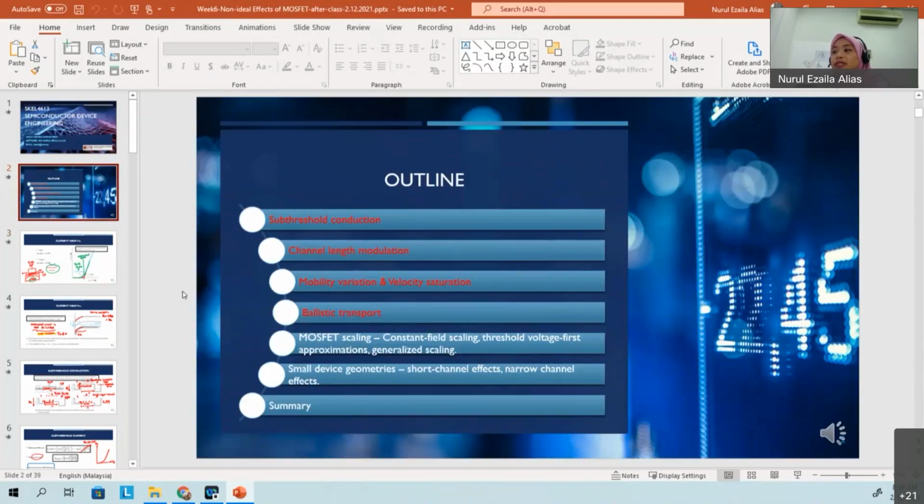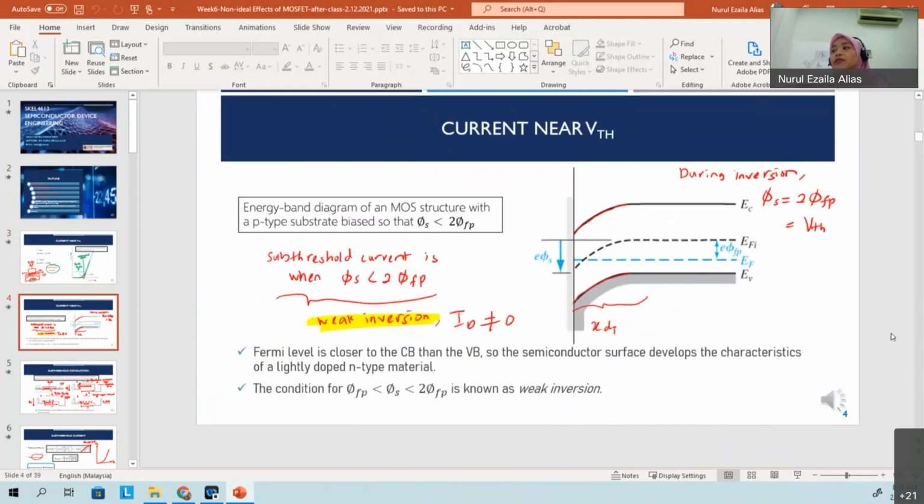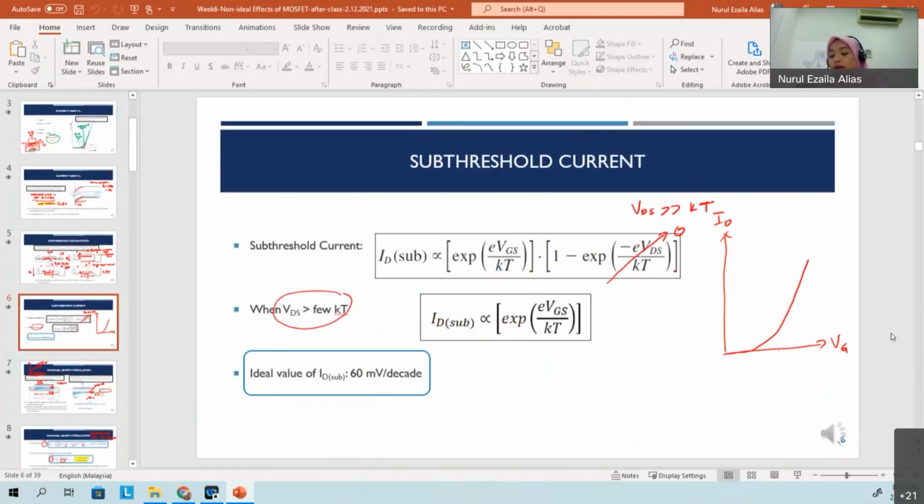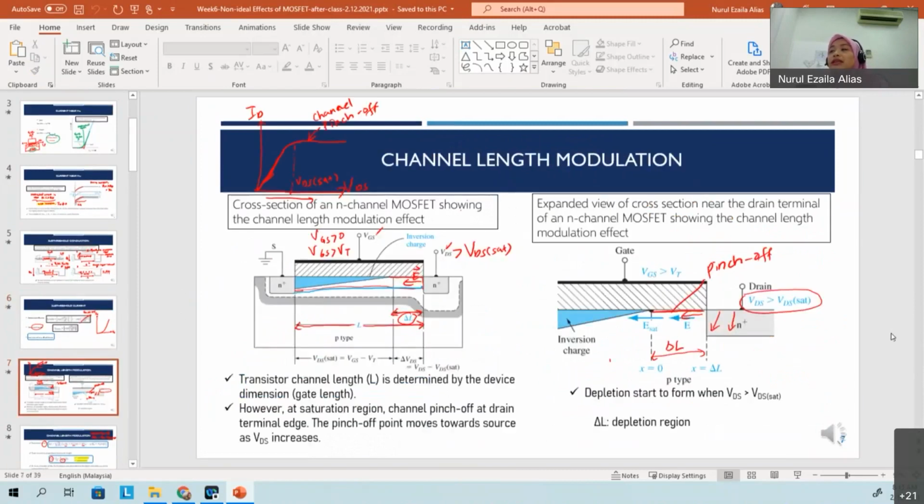Channel length modulation happens when you apply drain voltage. If you still remember, you applied drain voltage in your microelectronic lab. Two types of drain voltage were applied. When you measure the IV characteristic, there are 2 plots that you got from the simulation.